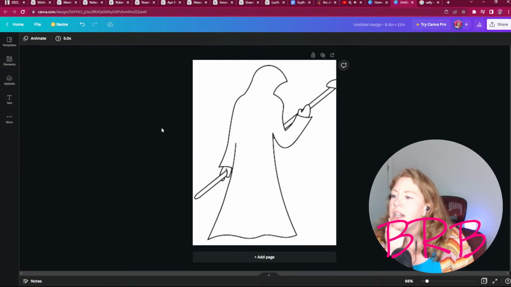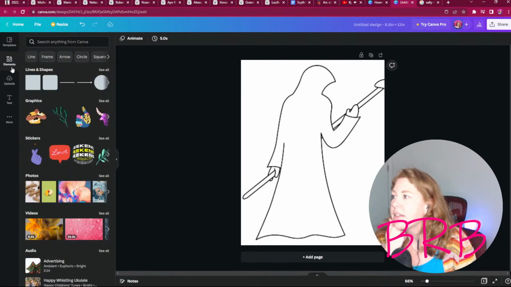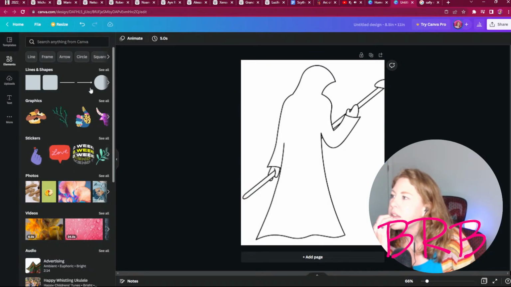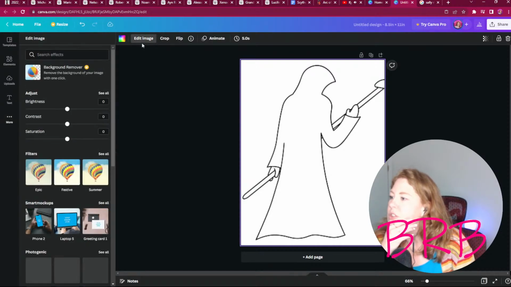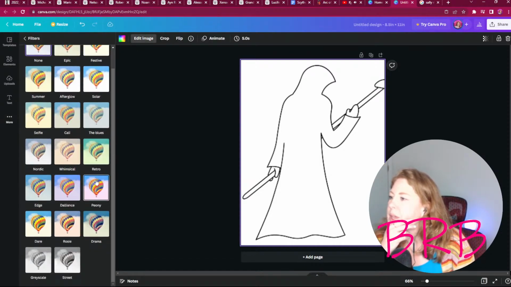Okay, so as far as color goes, what color would I like? You know, I personally like pink. This is not the best thing to use, unfortunately. Can I? No, I don't think I can. Edit image, maybe? We make it pink.